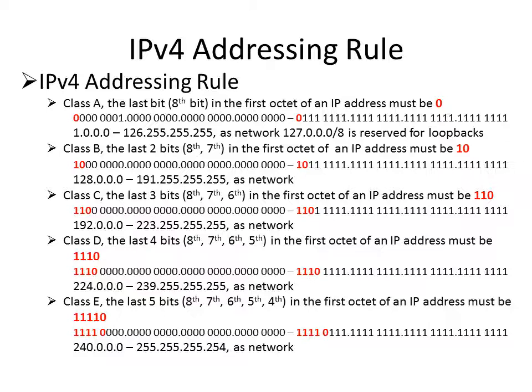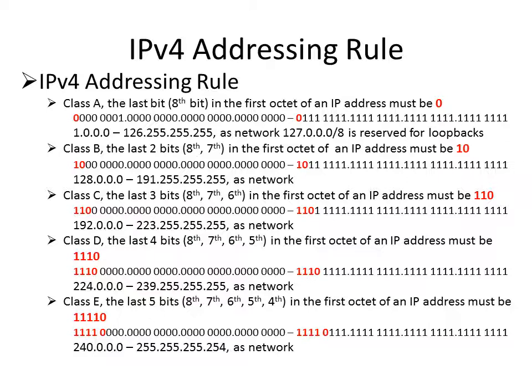So the reason why we don't have 127.0.0.0 with a mask of 8 is because it's reserved for loopbacks, but we get the range of 1.0.0.0 to 126.255.255.255 with the exclusion of 127.